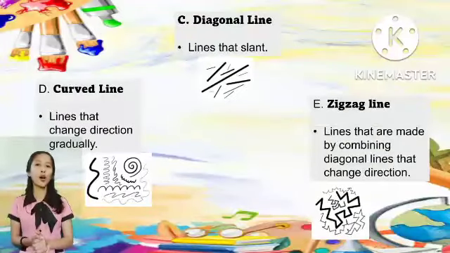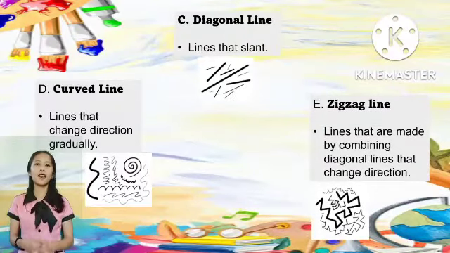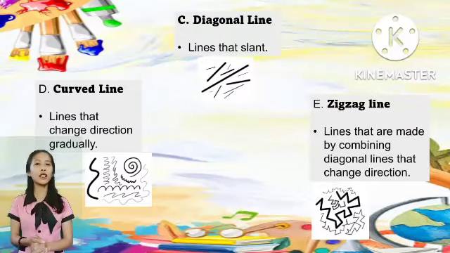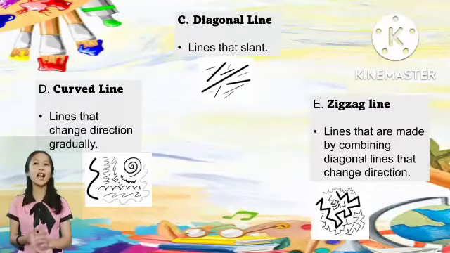Let's have the fourth one, curved lines. These are lines that change direction gradually. Curved lines are lines that bend and change direction gradually. They can be simply wavy or spiral. Such lines convey feelings of comfort and ease, as well as a sensual quality, as they remind us of the human body.